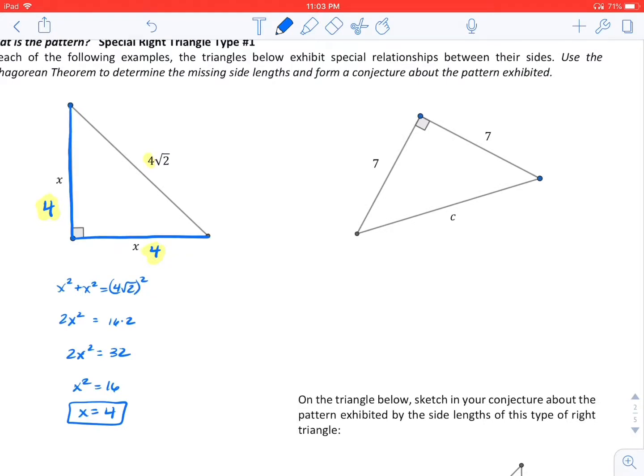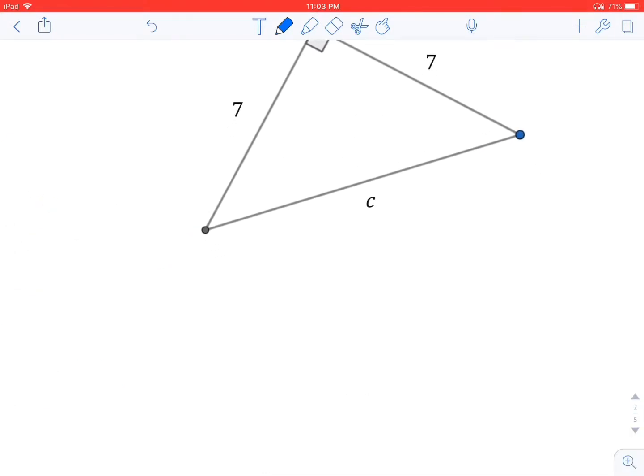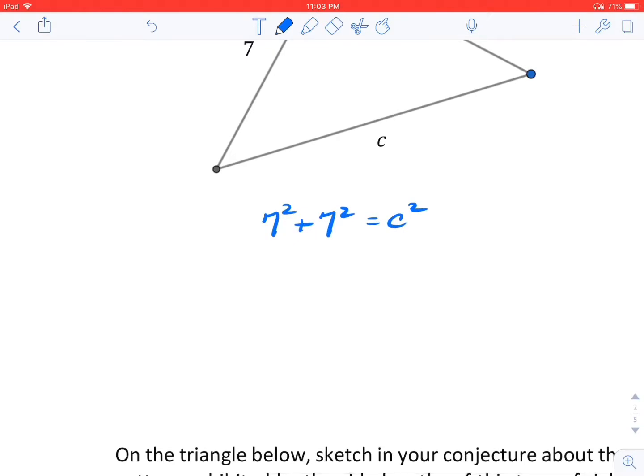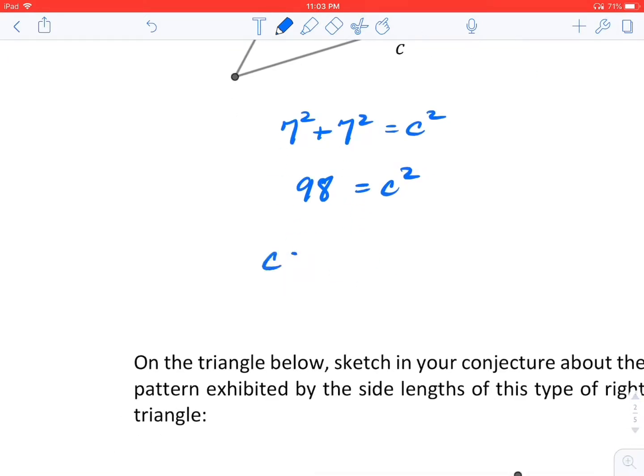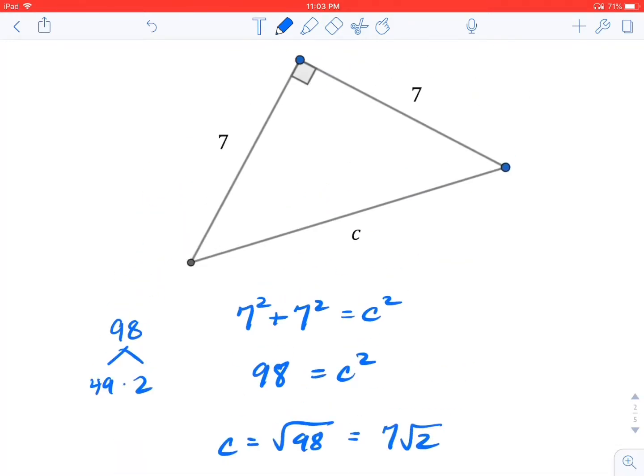This is a similar example, but not the exact same. We're working backwards. In this case, we're given the leg lengths, and we're told to find the hypotenuse. 7 squared plus 7 squared is equal to c squared. That's 49 plus 49, which is 98, equal to c squared, or that c is the square root of 98, where 98 happens to be 49 times 2, which means a factor of 7 comes outside the radical, and a factor of 2 stays inside the radical. 7 root 2.